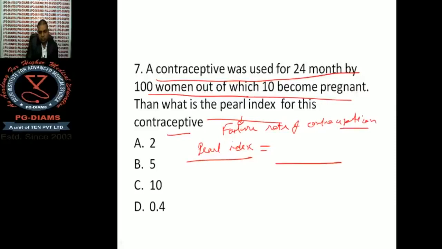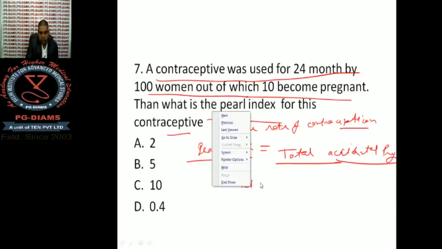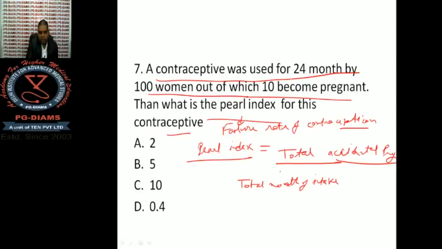It is total accidental pregnancy divided by total months of intake, and it is also multiplied by the total number of women taking it, and then it is multiplied by 1200.